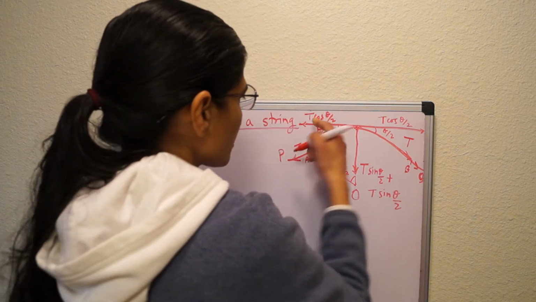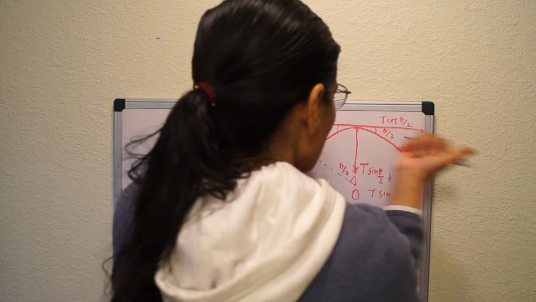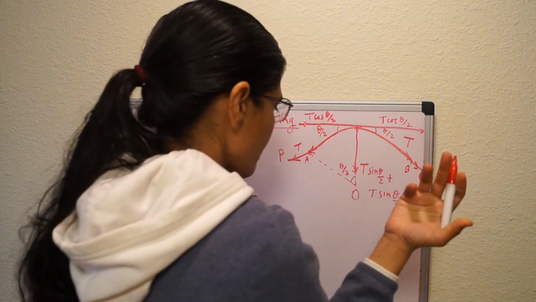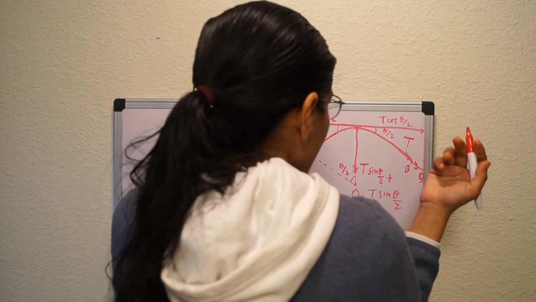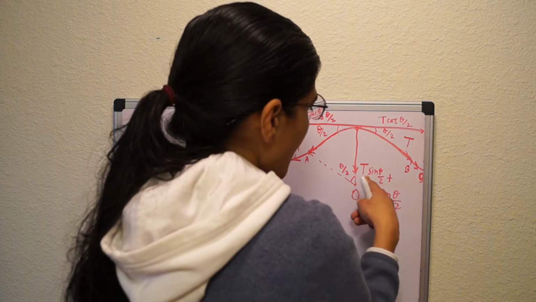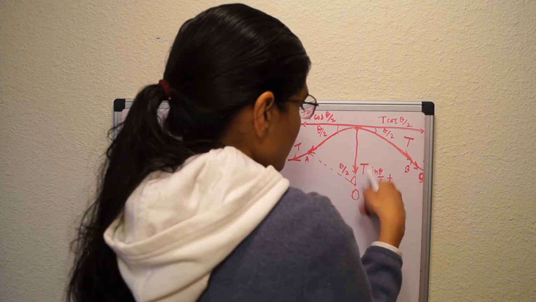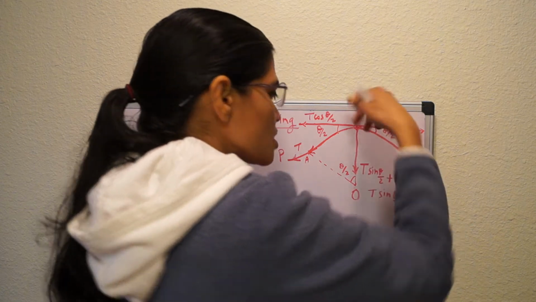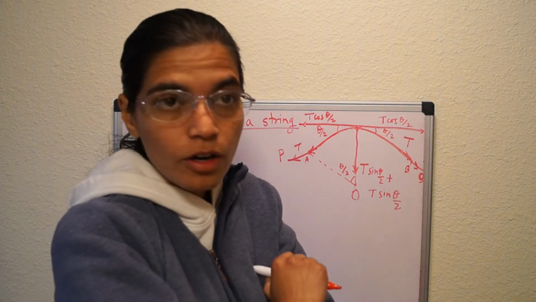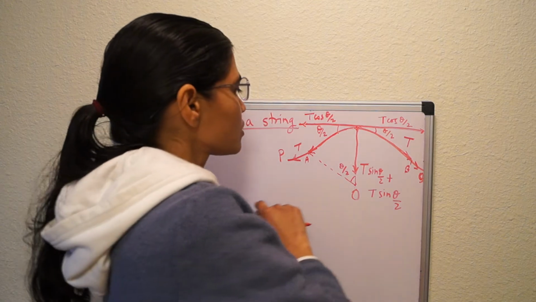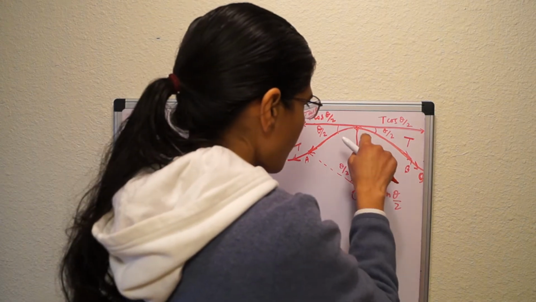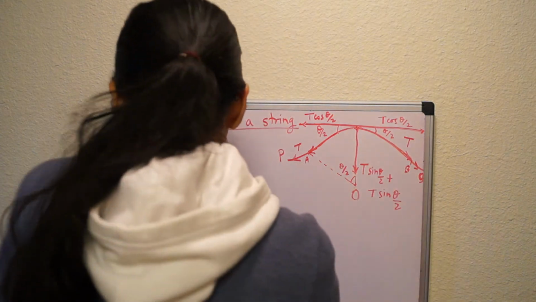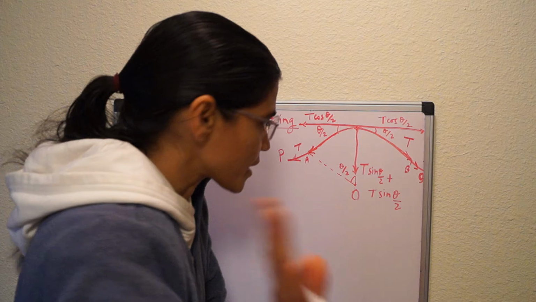If you notice here, the T cos theta by 2 components are in opposite directions, so these two get cancelled out. We don't need to worry about that. But then we have the tension T sine theta by 2, really 2 times T sine theta by 2, and this tension seems to be responsible for the centripetal motion of this part of the string.